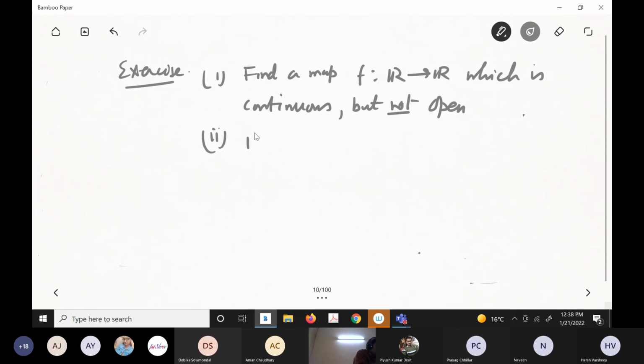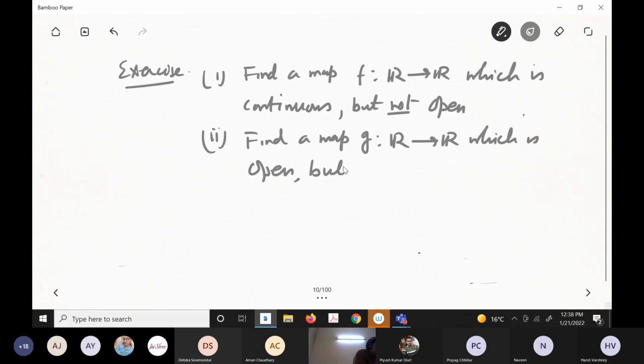Second, find a map the other way, don't confuse with that, you can call it g if you want, which is open. Actually, if you can solve the first problem, you will be able to solve this, because the only thing you'll have to do is come from the other direction. Then that will be open but not continuous.